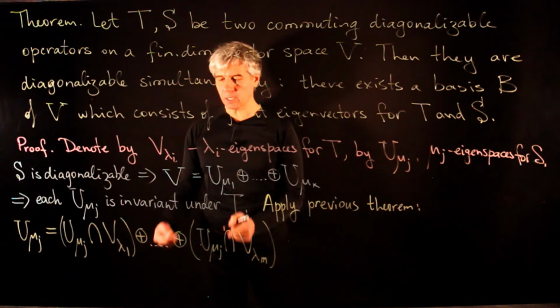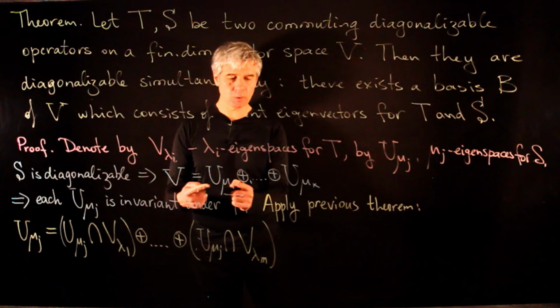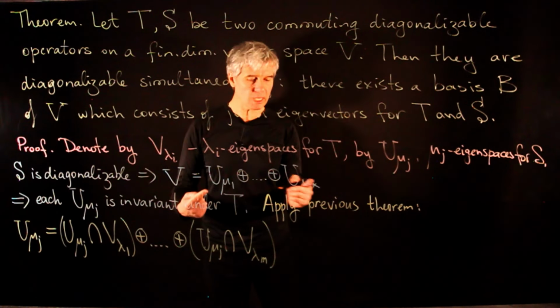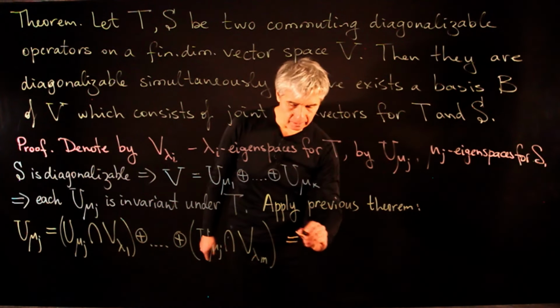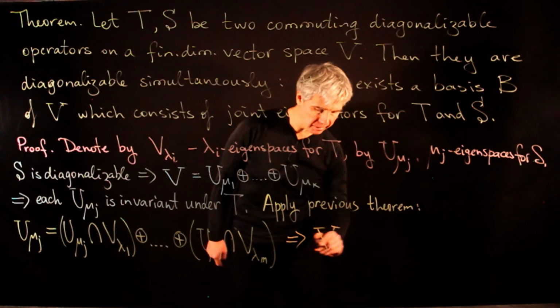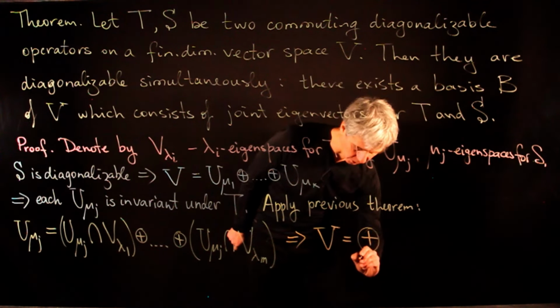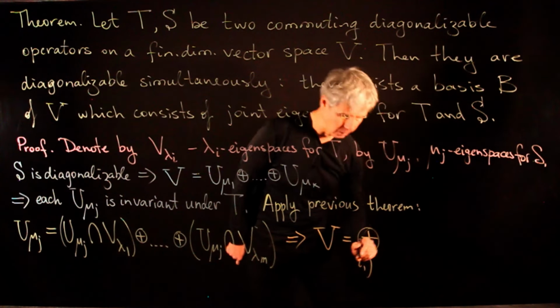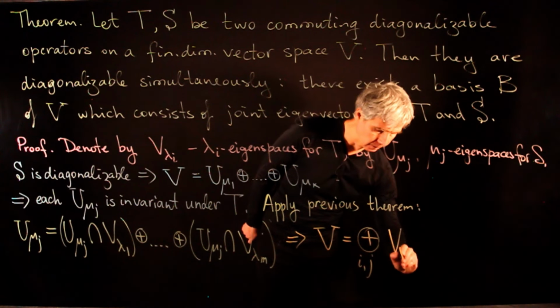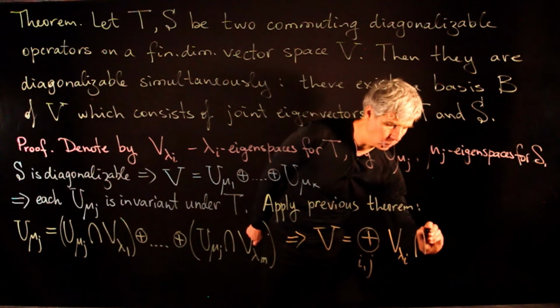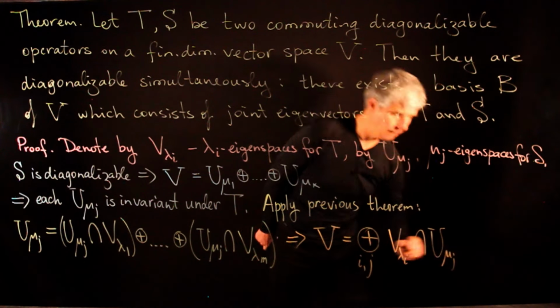And now, combining this with the decomposition of V into a direct sum of U mu j subspaces, we get the following grand decomposition. So V is the direct sum over i and j of the intersections of V lambda i with U mu j.